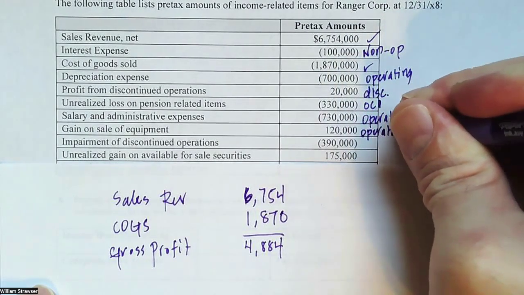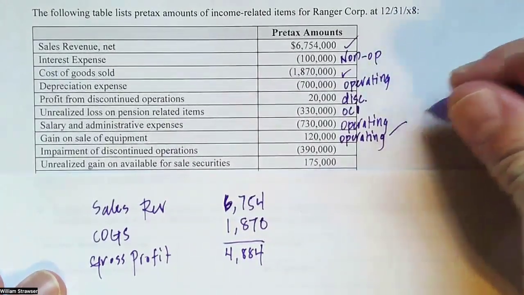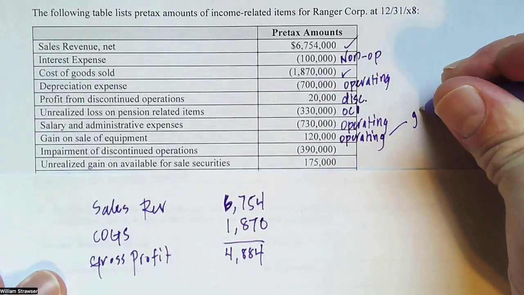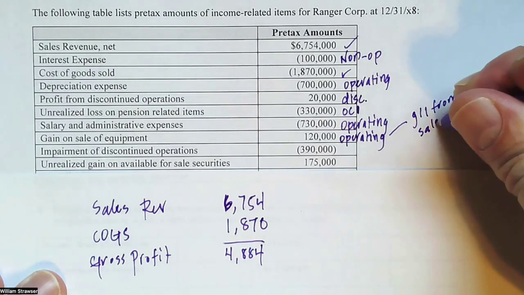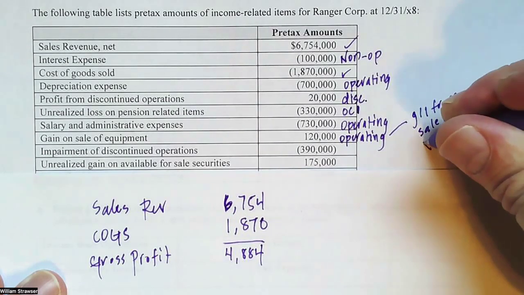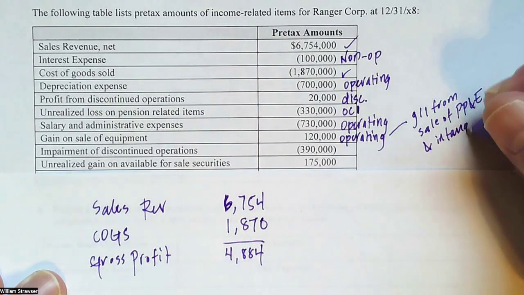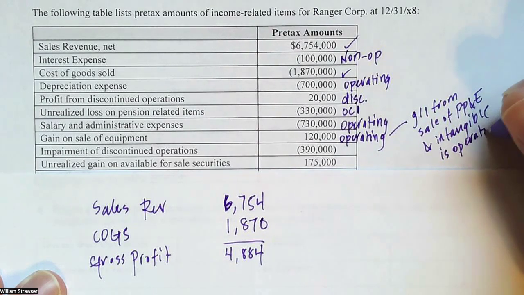So remember, when we sell PP&E or intangibles, gains and losses from the sale of PP&E and intangibles is operating. Right?